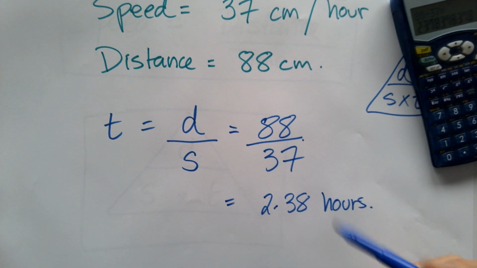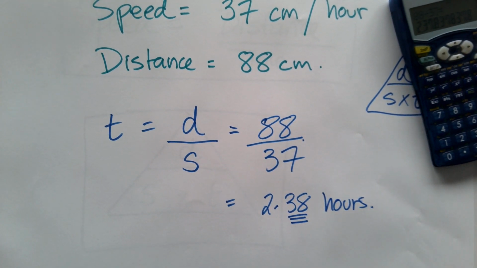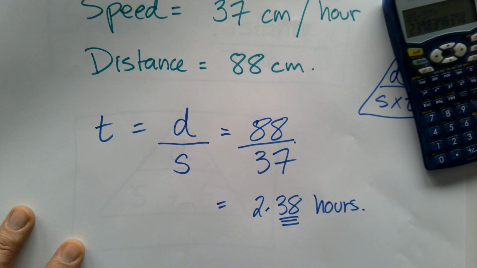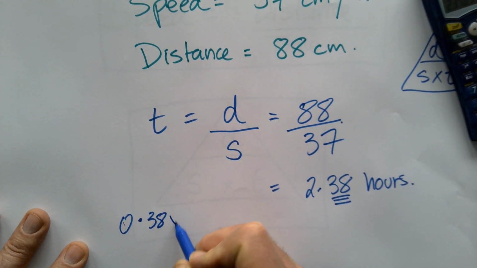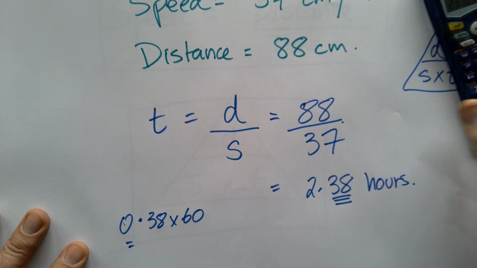Now, just as a little aside, that 0.38 is not 38 minutes. Okay, that is 0.38 of an hour, so 0.38 of 60 minutes. So just over here, 0.38 times 60.